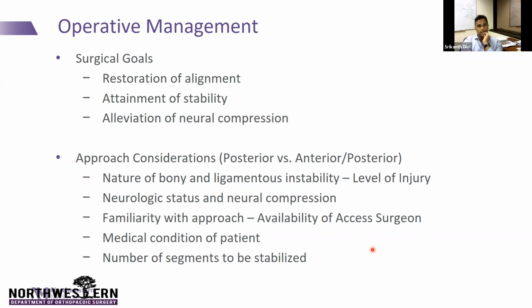For example, would you go anterior approach versus posterior approach, or both? You've got to consider the level of injury. For example, in the thoracic spine, anterior approaches are harder. Consider neurological status, neurological compression based on MRI, availability of access surgeons, overall medical condition of the patient, and the number of segments to be stabilized.